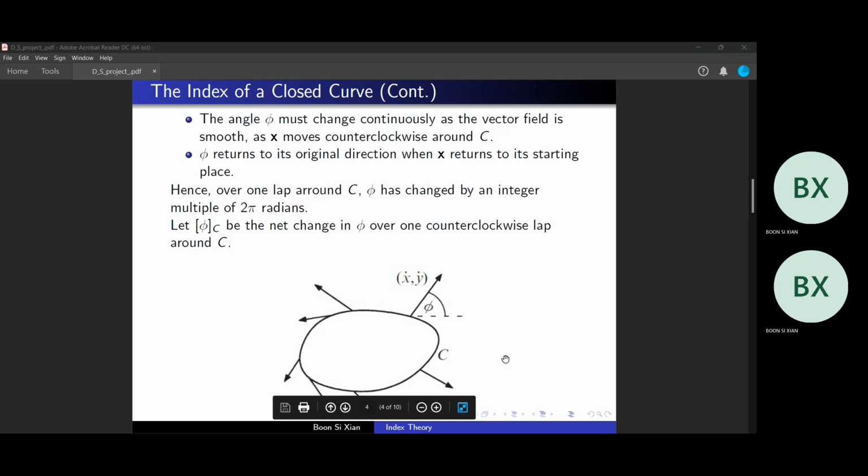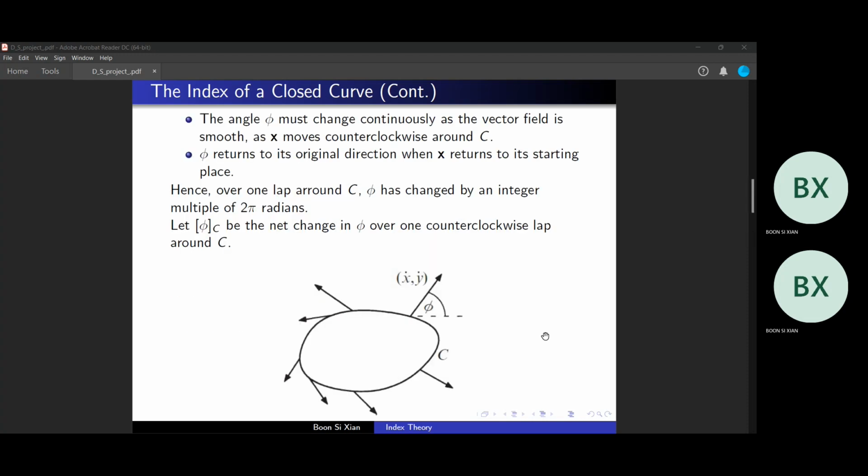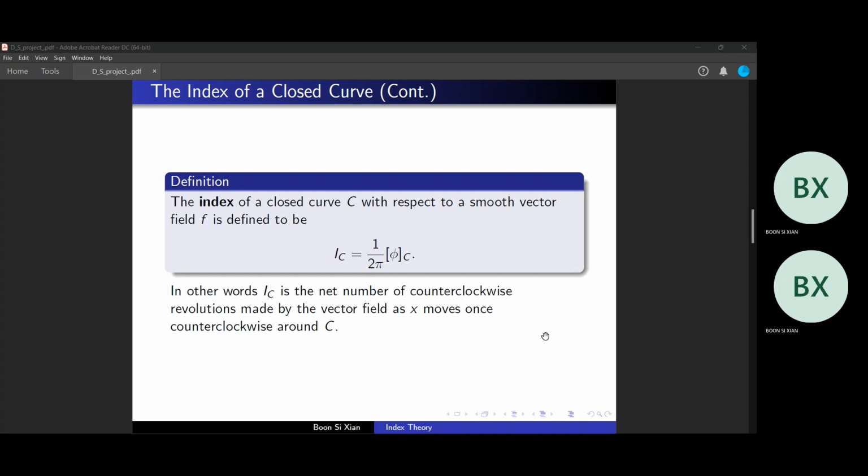Then we let the bracket of phi be the net change in phi over one counterclockwise lap around C. So when x moves one counterclockwise lap, the bracket of phi denotes the net change. And then the index of a closed curve is the net change in radians divided by 2 pi.